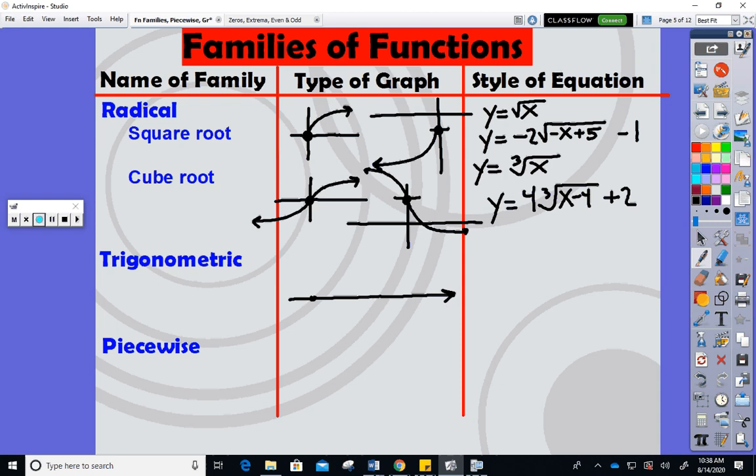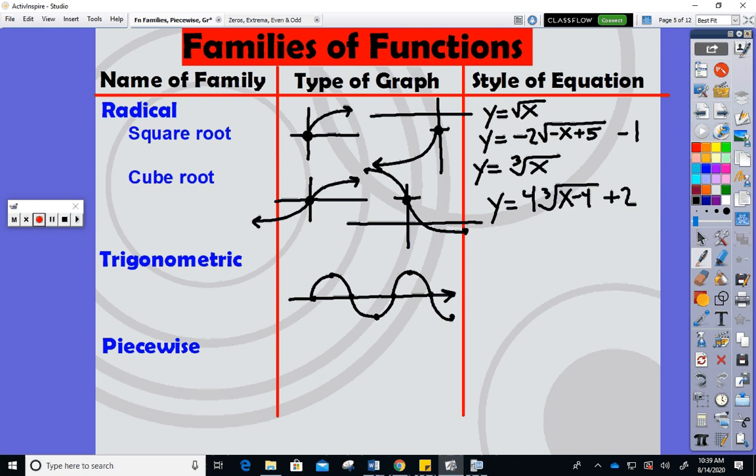But on trigonometric functions, you're going to go up and down and down and up and up and down and down and up. And what's going to happen is, I've not done a great job here, but every wave is going to have the same width and every wave is going to have the same height, and you're just going to keep repeating that pattern.